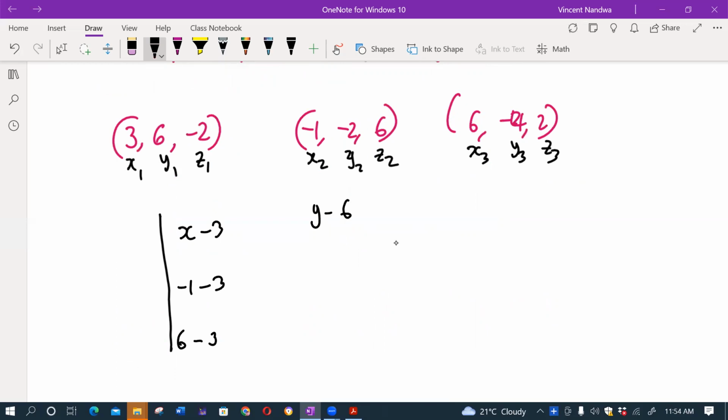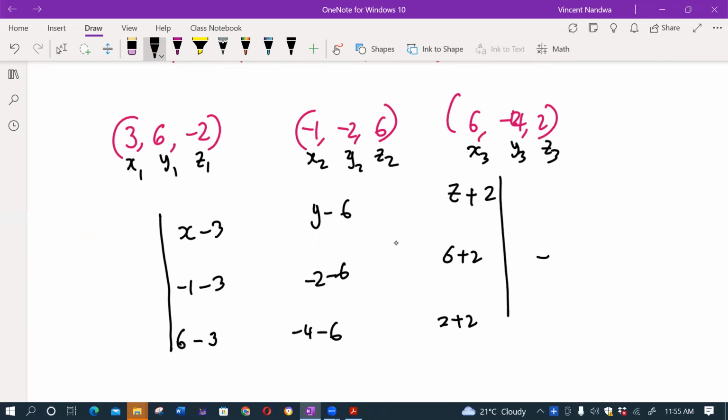y minus 6, -2 minus 6, -4 minus 6, and then z plus 2, 6 plus 2, because minus 2 is plus, and then 2 plus 2.